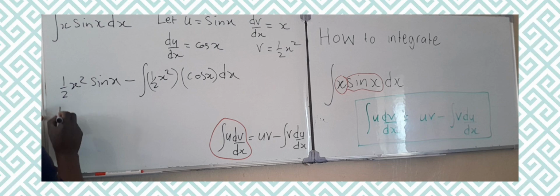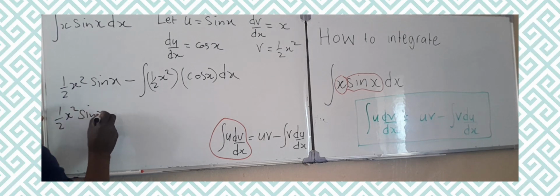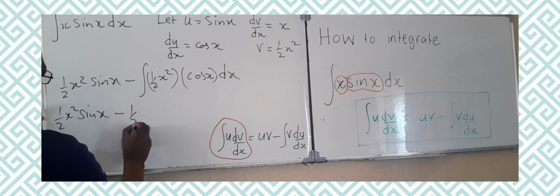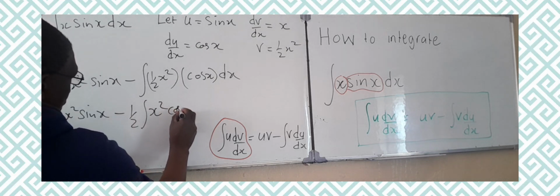Okay, so it becomes half x squared sine of x minus a half integral of x squared cos of x dx.